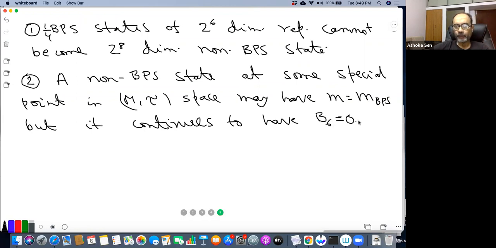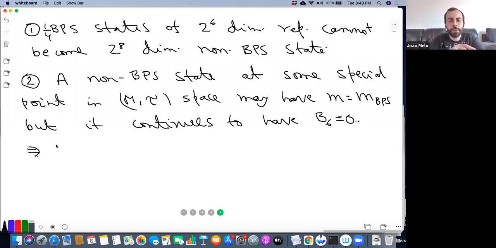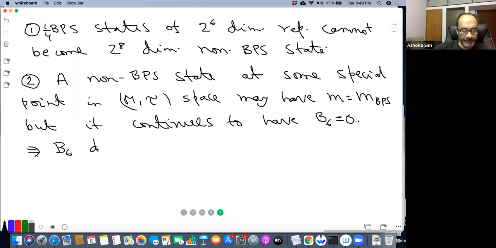Because the spin spectrum, of course, cannot jump discontinuously, and the B6 is essentially computed from the spin spectrum. So this basically tells us that B6 does not change as we vary M and tau.